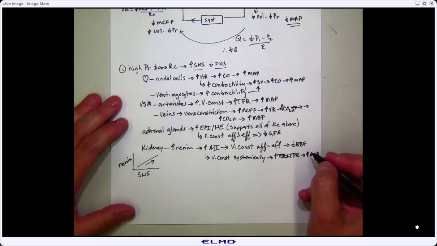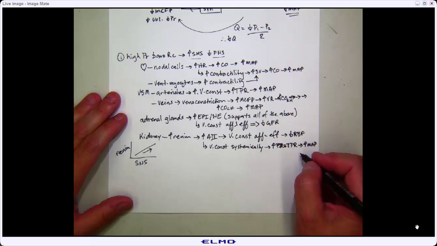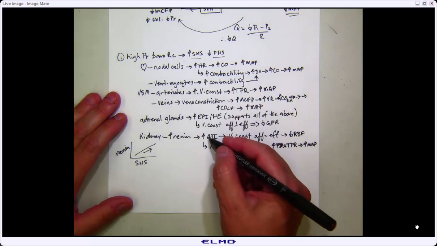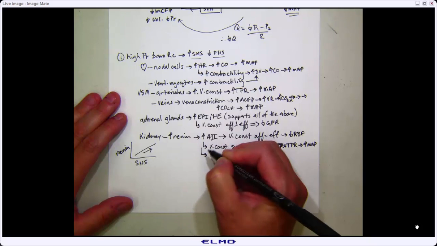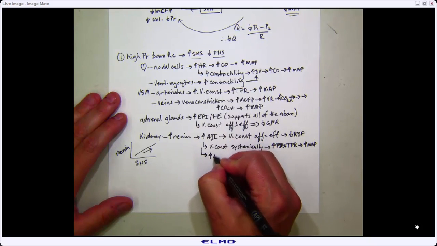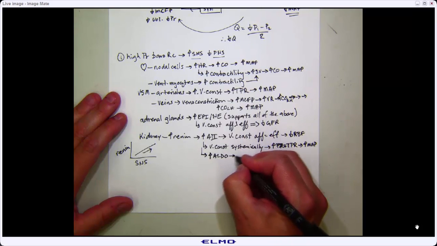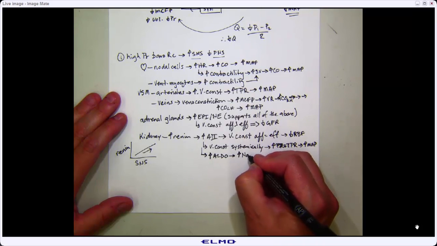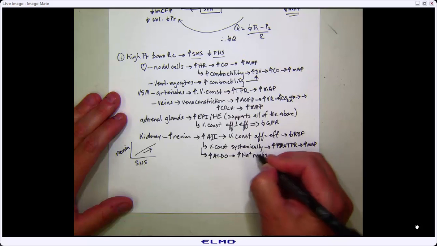All right, we're starting to get our hormonal constrictors out there. We know that angiotensin II will stimulate the production of aldosterone. So we're going to increase aldosterone production, which is going to increase sodium reabsorption at that thick ascending limb.